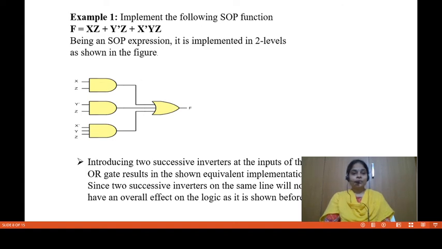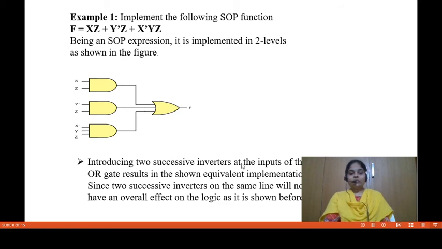The product terms can be implemented by using AND gates, and there is a sum, plus, so these can be combined by using the OR gate. Simple logic. XZ, the product term, can be implemented by using an AND gate. Y complement Z can be represented by using an AND gate, and X complement YZ can be implemented by using an AND gate. And these can be combined by using the OR gate.